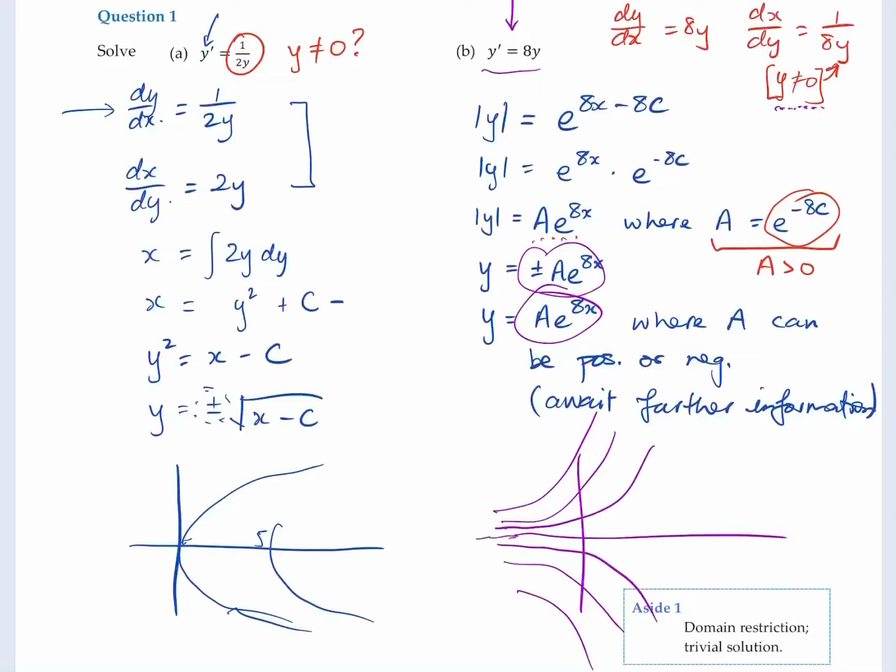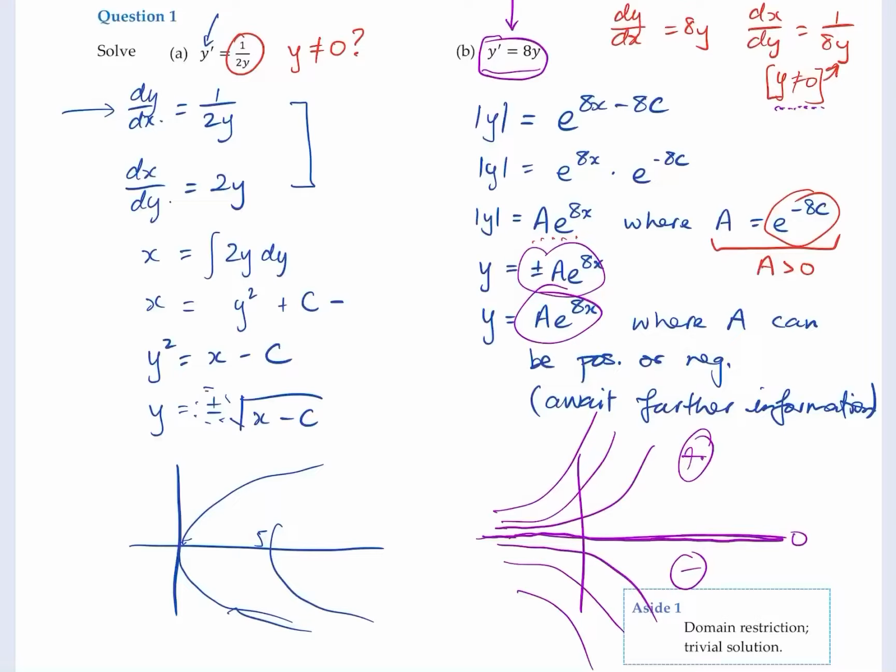So in between these positive ones and these negative ones, there's this 0 constant solution. So if you want to give a complete solution of this, then basically y equals A e to the 8x, and A can be positive, negative, or 0.